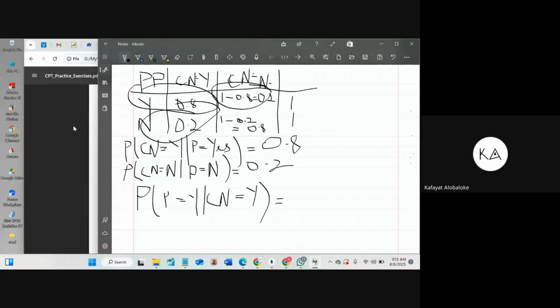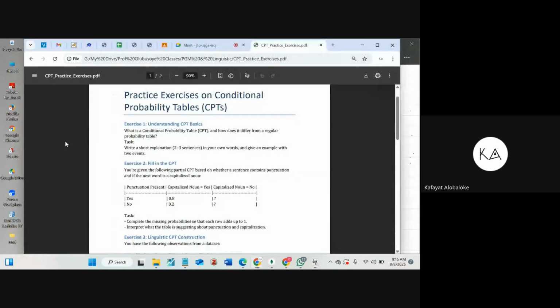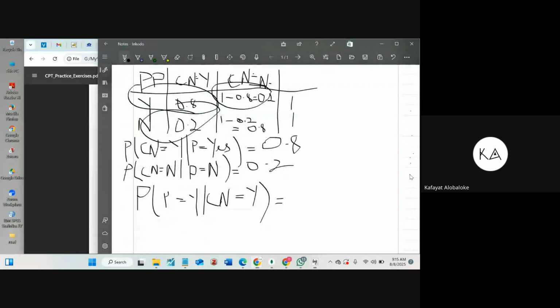To put this in clear terms, let's say if the next word is a capitalized noun, then the punctuation mark precedes it.